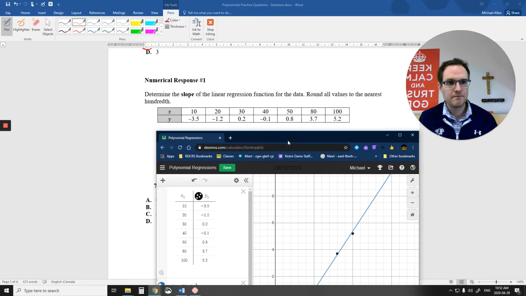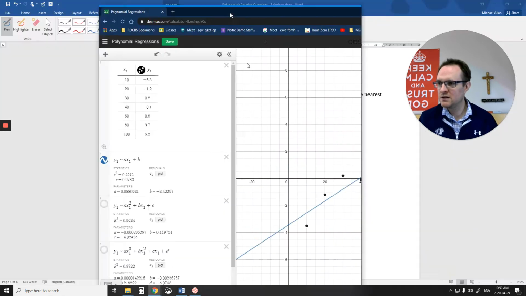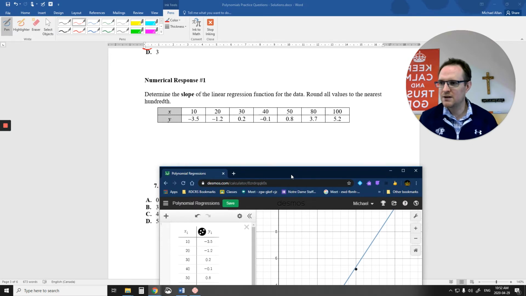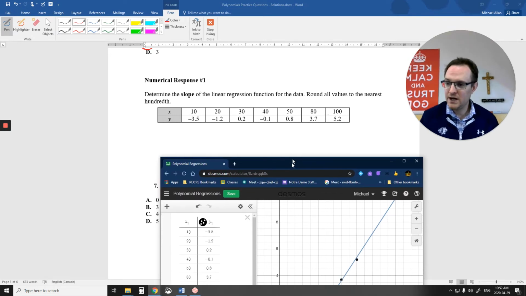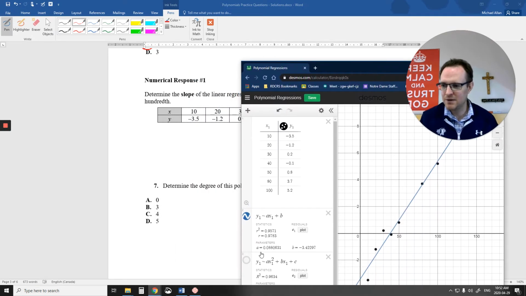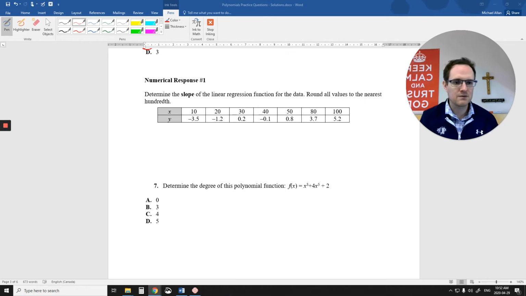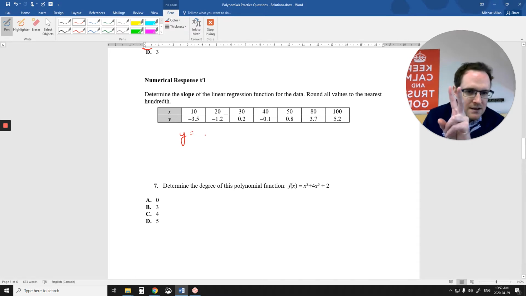Yeah, looks pretty good. Okay, so once I got my regression, I can determine the equation of this regression. It's down here at the bottom, right? Ax plus b, here's my a, here's my b. So I'm going to write that equation down. It says to the nearest hundredth, so that's 2 decimal places.